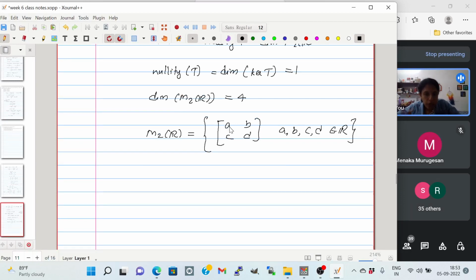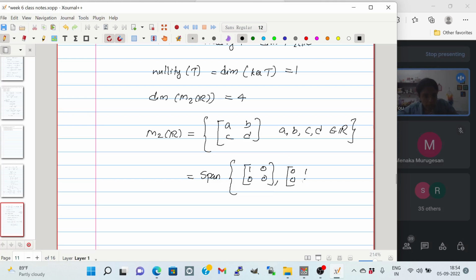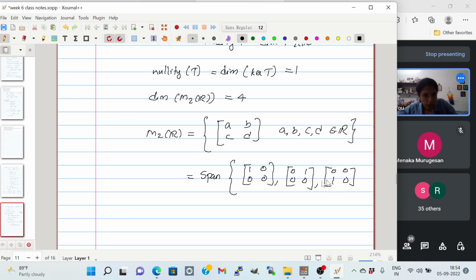Corresponding to A, we have one matrix: span of 1, 0, 0, 0. I am generating the first element using this matrix. For the second element B, I am considering 0, 1, 0, 0. Third element C, 0, 0, 1, 0. And for the fourth element, 0, 0, 0, 1.